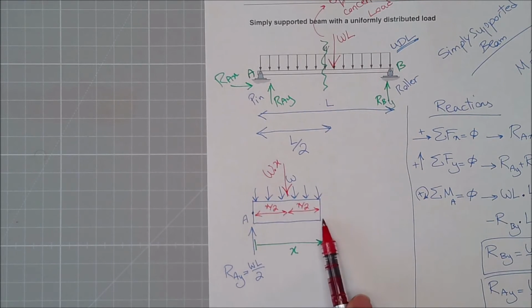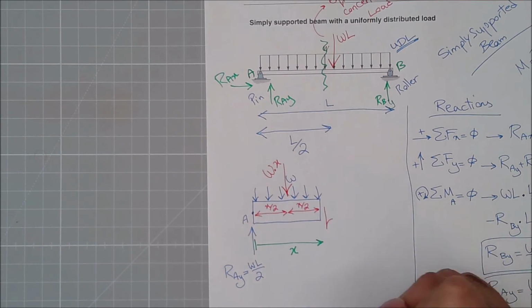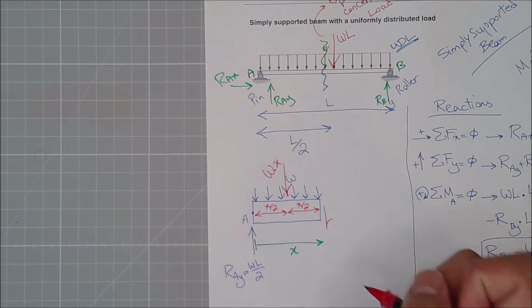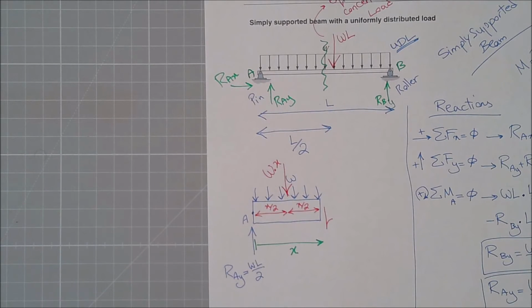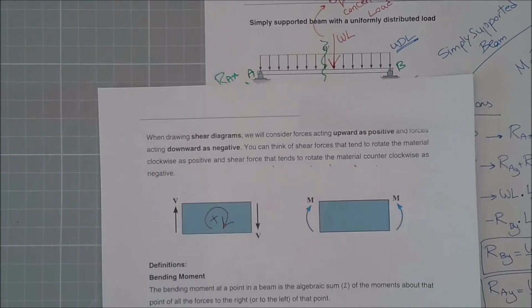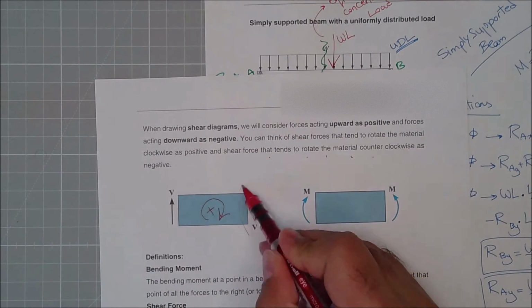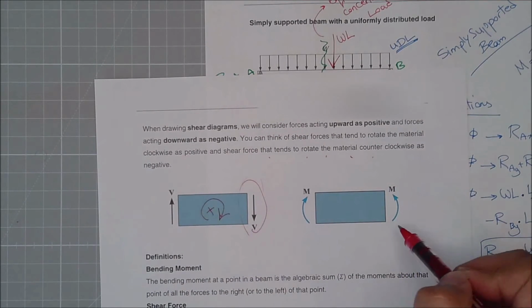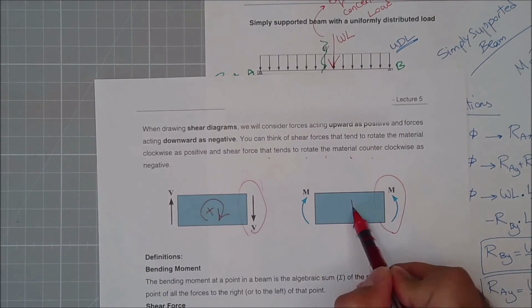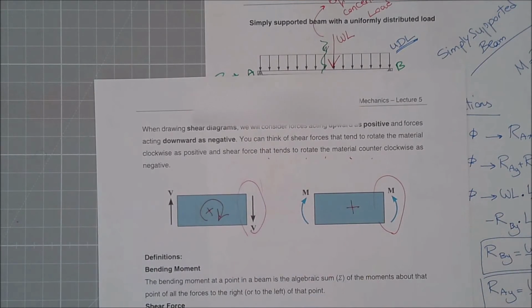At this point, there will be a shear and there will be a moment. What I do, I draw the positive signs of shear and the positive signs of the moment, which was in the lecture notes as well. If you remember these, you see I'm cutting it from this side, so I'm looking at this side, so I'm drawing the positive one of this and the positive one of the moment.